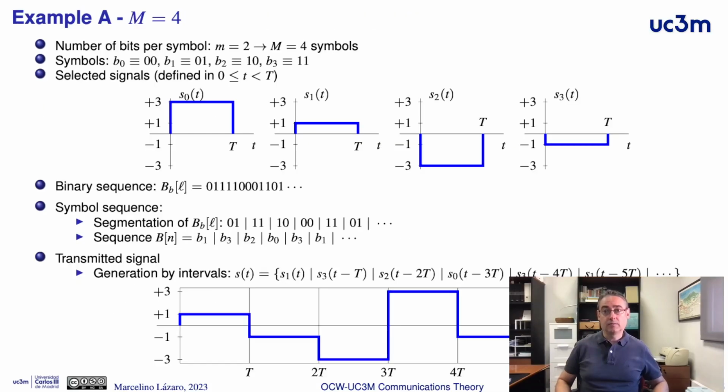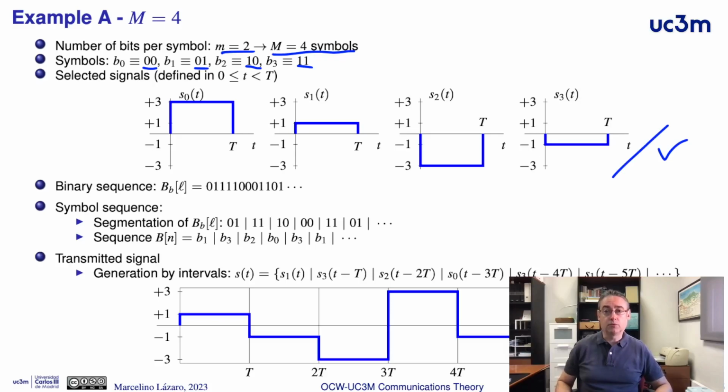For instance, if we have a 4-ary system, where we have 2 bits per symbol, this means 4 symbols: 00, 01, 10, and 11. It is necessary to select 4 signals to associate each one of these signals to one of the symbols.